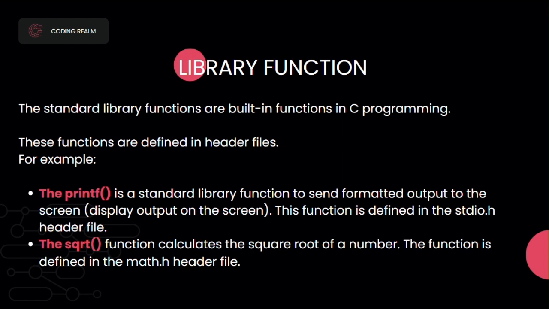This function is defined in the stdio.h header file. sqrt is a function that calculates the square root of a number. The function is defined in the math.h header file. The int main, the main is also a function in C++.